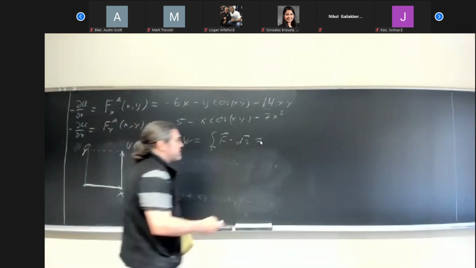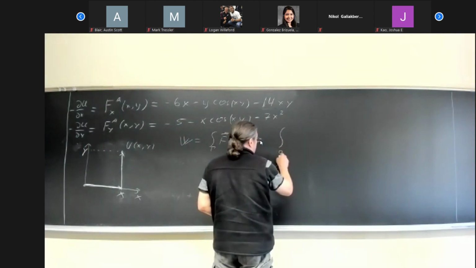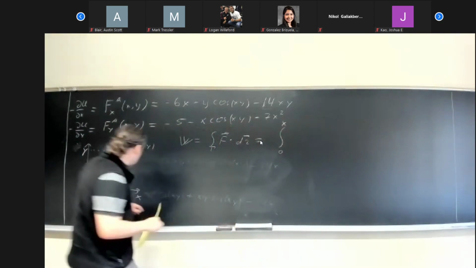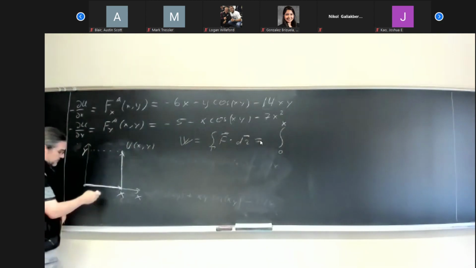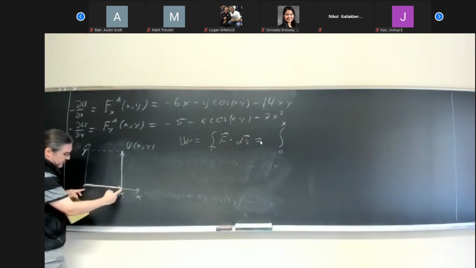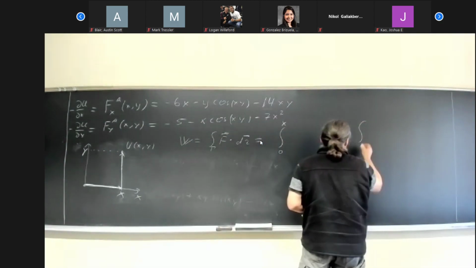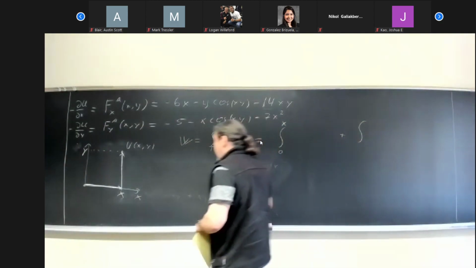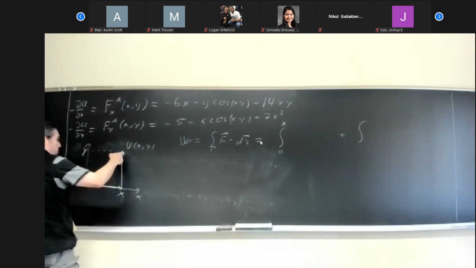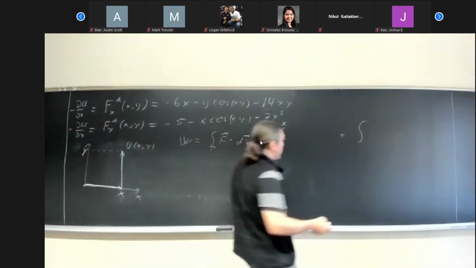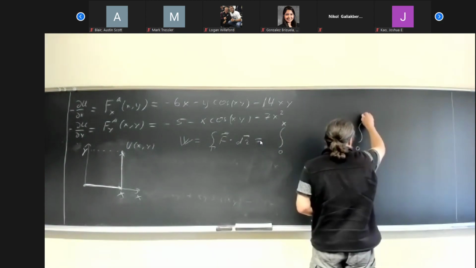So it's the integral from 0 to x, and that will be the first piece, and the second piece will be the integral where y changes from 0 to y.